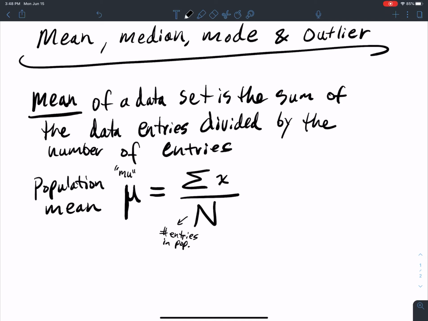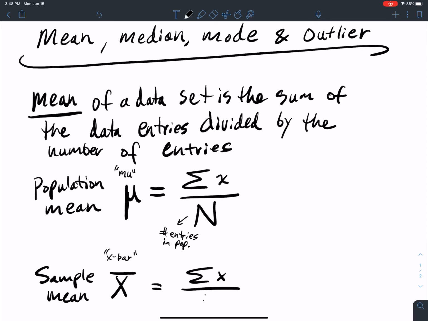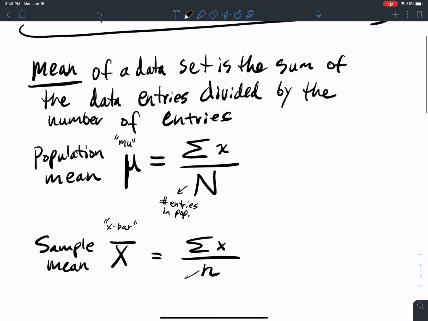And then we've also got the sample mean, which is calculated mathematically the same. It's denoted by x bar, so you say x bar, and this is equal to the sum of the data entries in the sample divided by lowercase n, where the lowercase n stands for the number of entries in the sample versus the population for the above mu here.